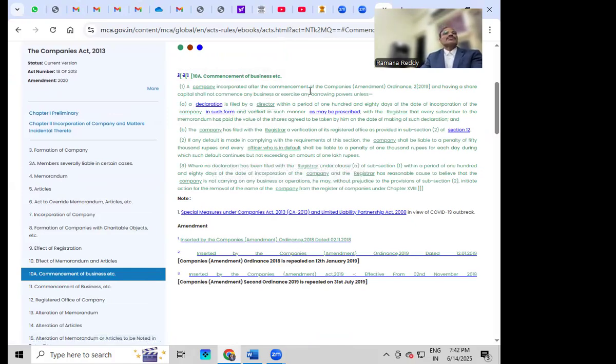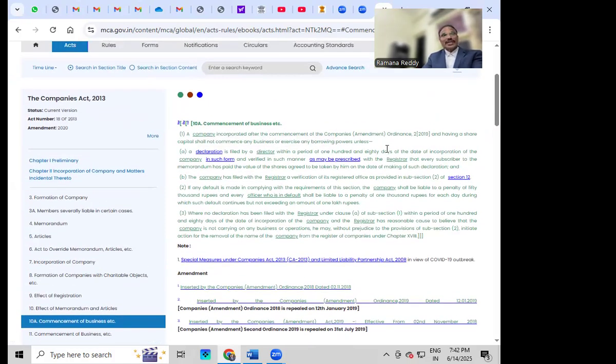A company incorporated after the commencement of the Companies Amendment Ordinance 2019 and having a share capital shall not commence any business or exercise any borrowing power unless a declaration is filed by a director within a period of 180 days of the date of incorporation of the company, in such form as is INC-20A and verified in such manner as may be prescribed, with the ROC that every subscriber to the memorandum has paid the value of the shares agreed to be taken by him on the date of making such declaration.